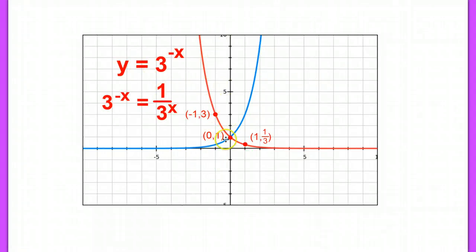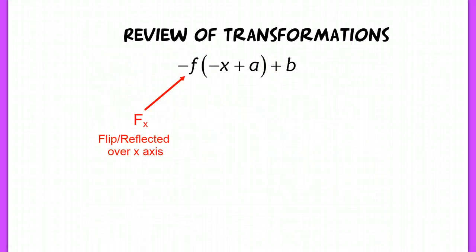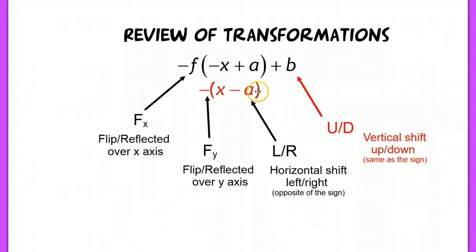So this is flipped over the y-axis because we see that negative x here. This number here is a horizontal shift to the left or to the right, and you look at the sign, but you take the opposite of it. And finally, after the function, you look at this number here, and it's a vertical shift up or down, and you keep the sign the same. So that's just a review of your basic transformations.